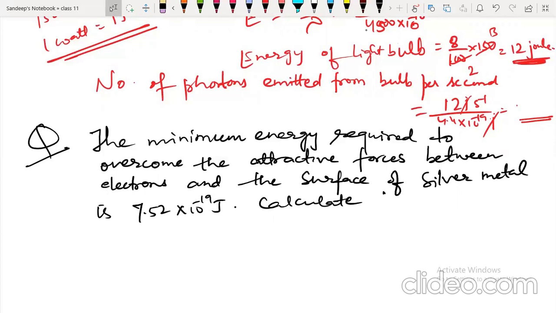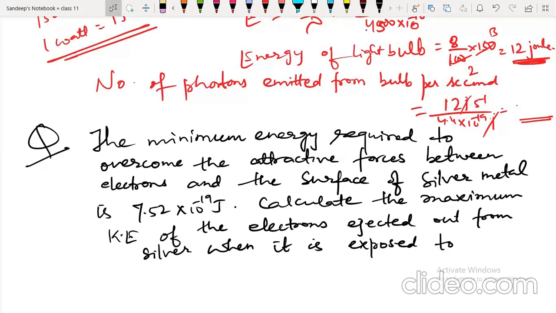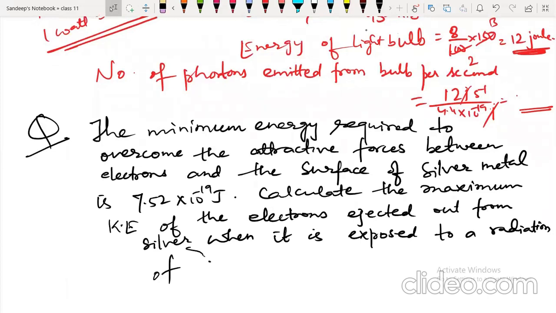Calculate the maximum kinetic energy of the electrons ejected out from silver when it is exposed to a radiation of wavelength 360 angstrom. So this is a question based on photoelectric effect.